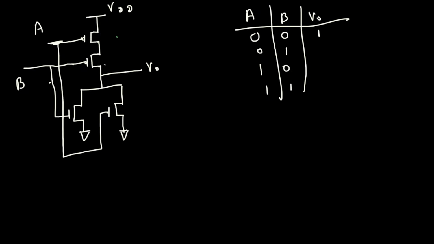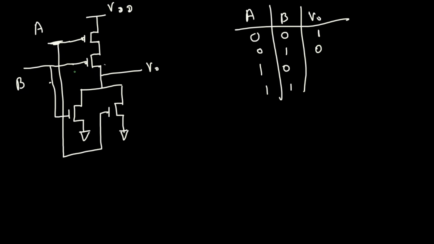And if one of them is open, for example A is 0, A has a wire, but B is 1, which means it's turned off because of the PMOS. If the input is 1 for the PMOS, it's turned off, which means this is open, so there's no connection between VDD and V0, because even though this is short circuited, this one is open, therefore nothing will pass, which means this is 0.